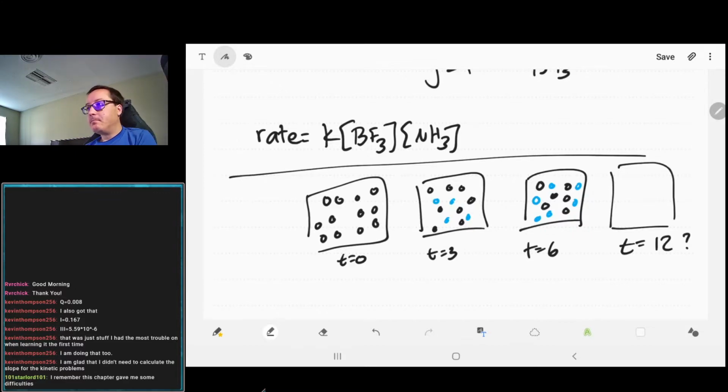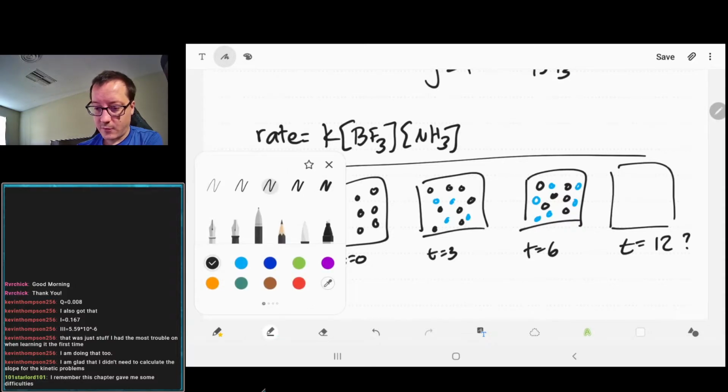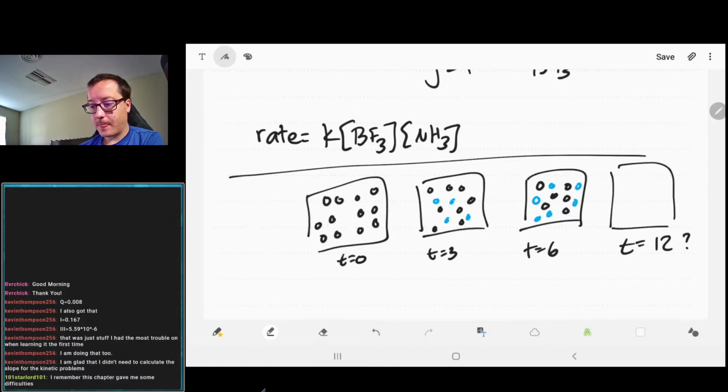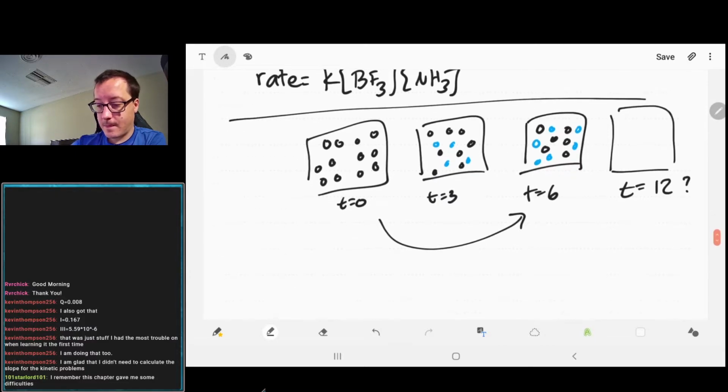So, this is kinetics, but it's also radiation. Why not? Same thing, half-life, right? If we look here at what's happening, we can see, hopefully, that this is going to be a half-life here as we go from 0 to 6. We see that half of it has become the black dots and half of it is still the white dots, which implies that 6 years is going to be our half-life for this.